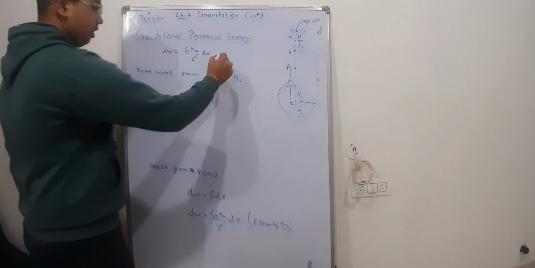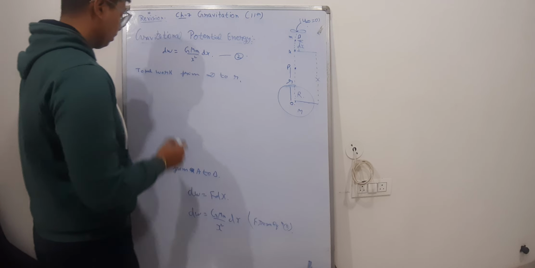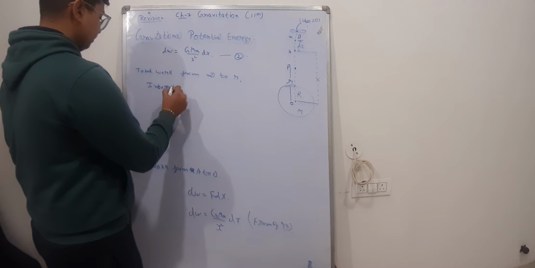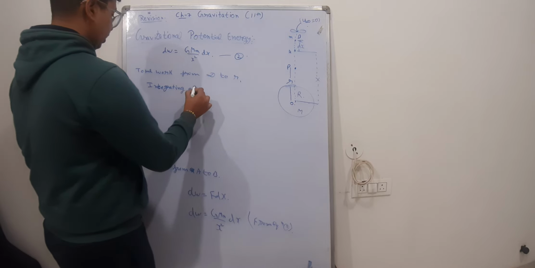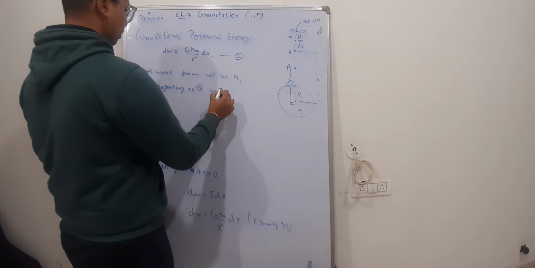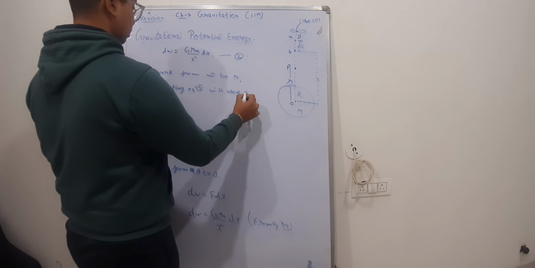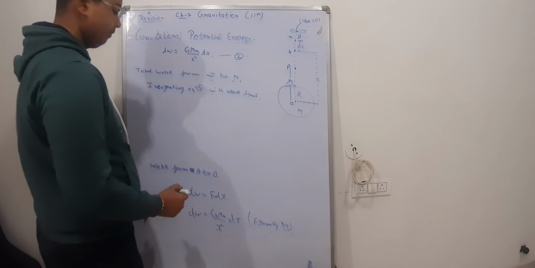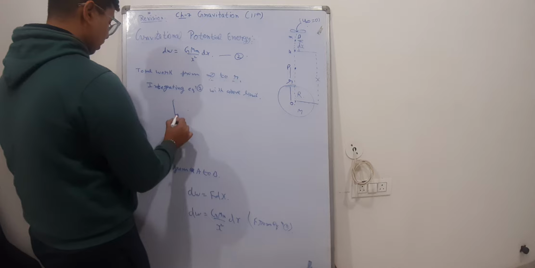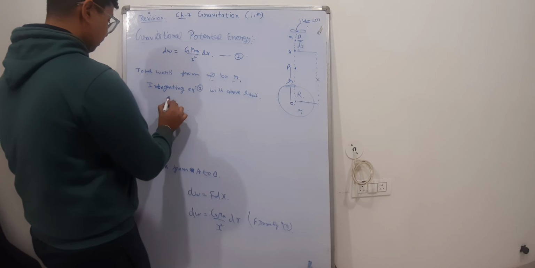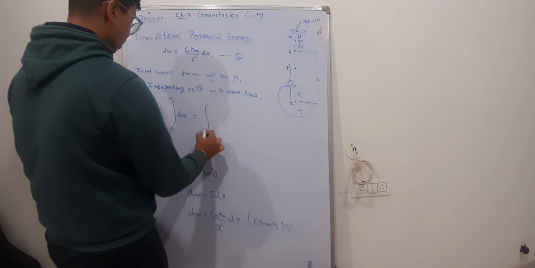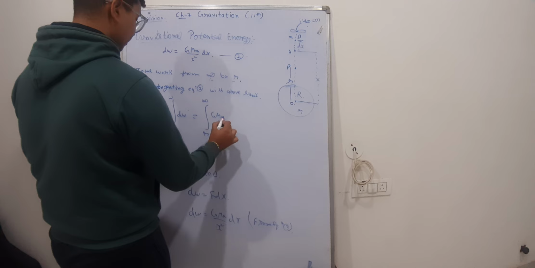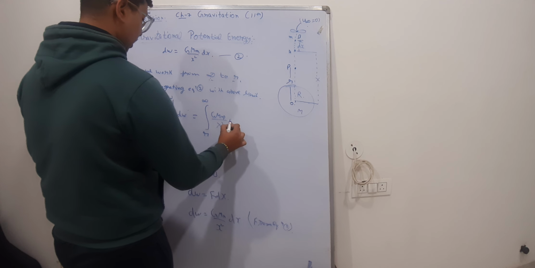Now we integrate this equation with the above limits. The limits of total work done are infinity to r. So integrating dW from 0 to W is equal to the integral from r to infinity of G M m upon x square dx.